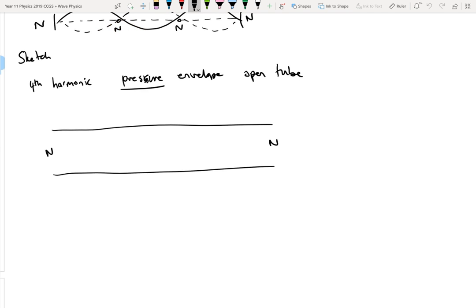If I set up the first harmonic, there would be 1 antinode. The second would be 2. The third would be 3. The fourth, I reckon we need to set up 4 antinodes. Equally spaced. Try that again. Equally spaced.